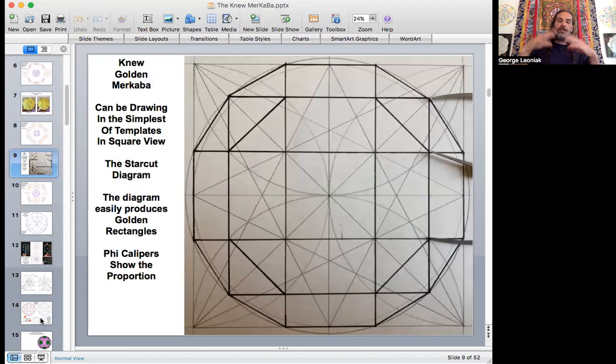You basically just draw a square using 5 circles, and then just connect the corner of the square to the midpoint of each of the edges, and then just go around and create this 8-pointed star in the middle with one additional circle, which is the key one, which is around here, that gives you the proper placement to do the rest. And magically, golden rectangles just appear in the star cut diagram.